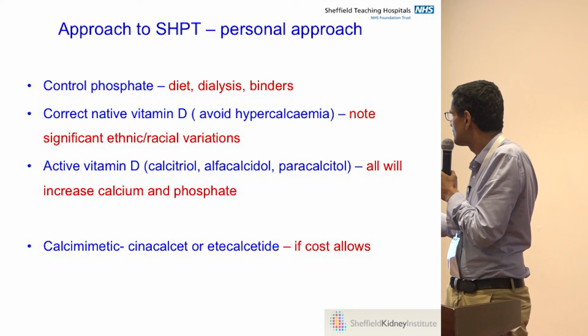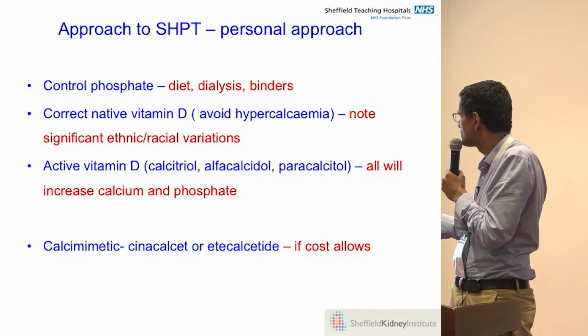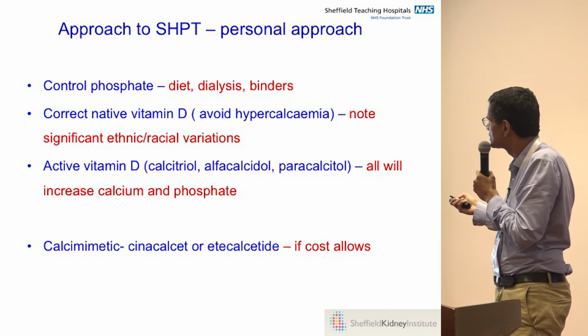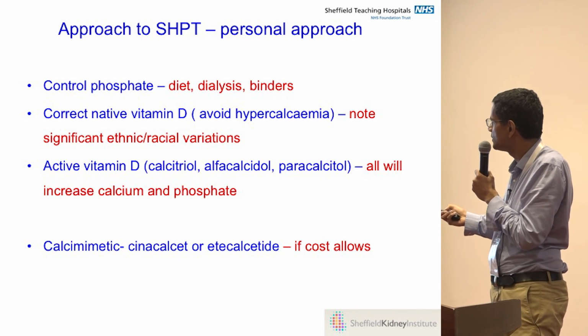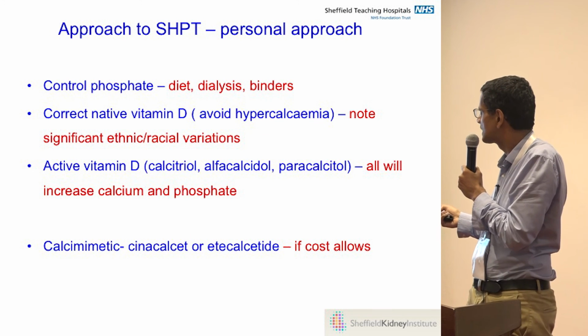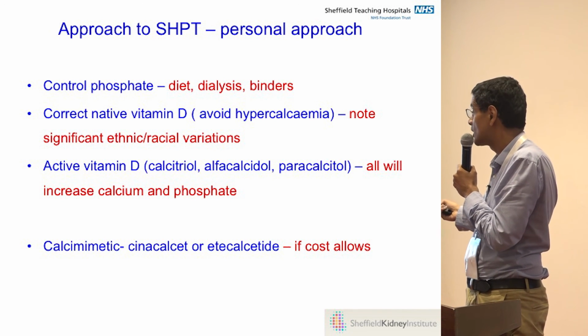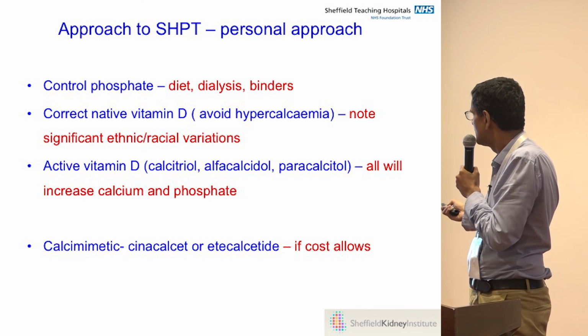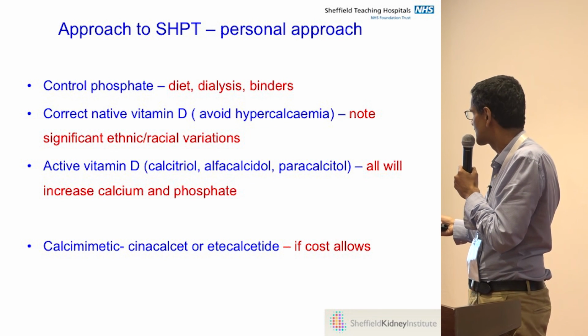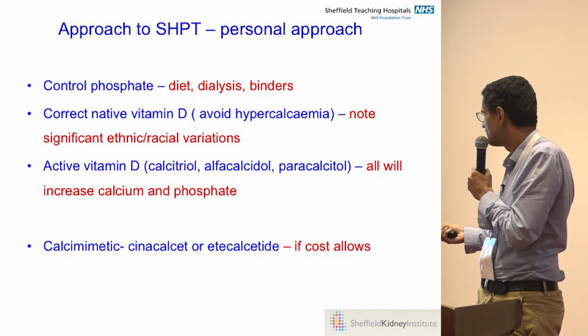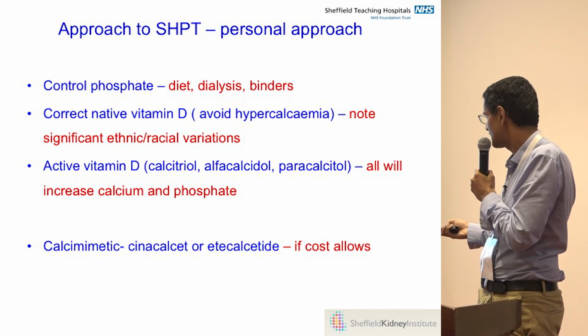So vitamin D levels are very difficult to interpret, and we don't know whether correcting vitamin D makes a difference to patient-centred outcomes. There's a study in the UK which is looking into giving native vitamin D to dialysis patients. Then my next line would be to give an active vitamin D. The downside is they will all increase calcium and phosphate. And then finally, add in a calcimimetic if the cost allows.